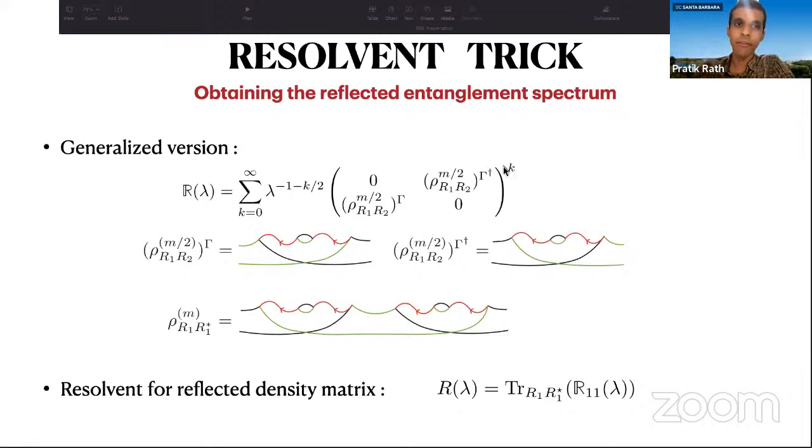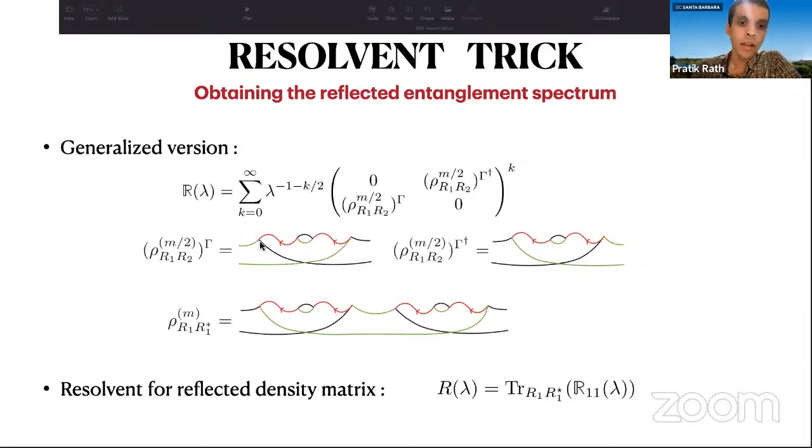So we consider the reflected entanglement spectrum, which is the spectrum of the density matrix rho R1 R1 star. The way we do this is by generalizing the resolvent. We consider the state rho to the m over 2, which was prepared by some path integral for even integer m. And then we flip bras to kets.